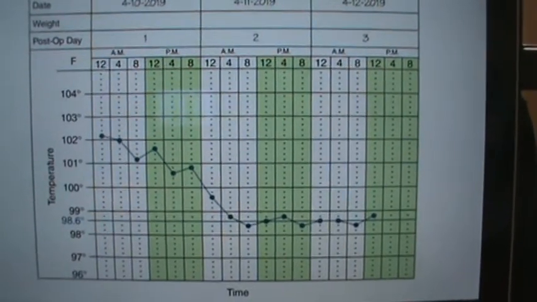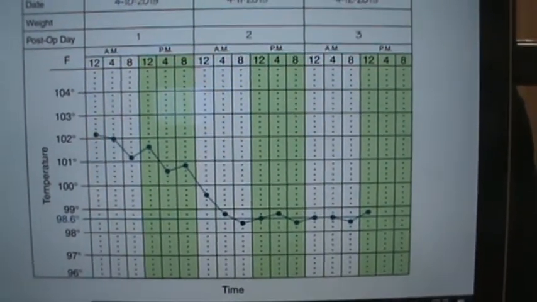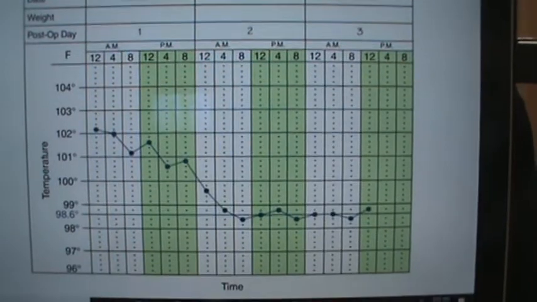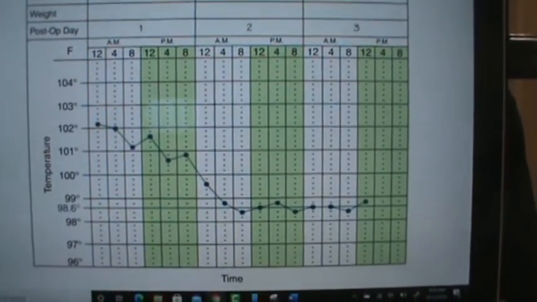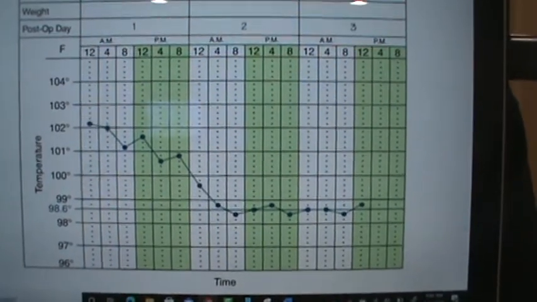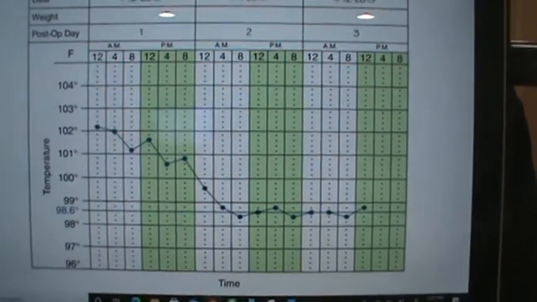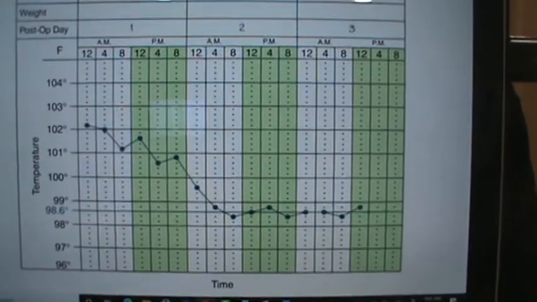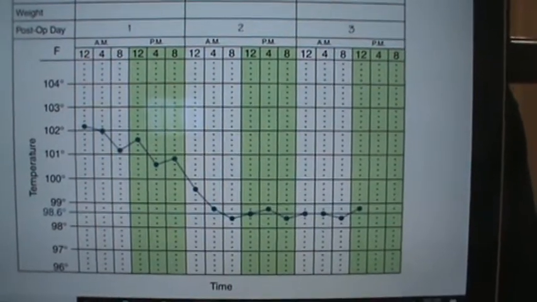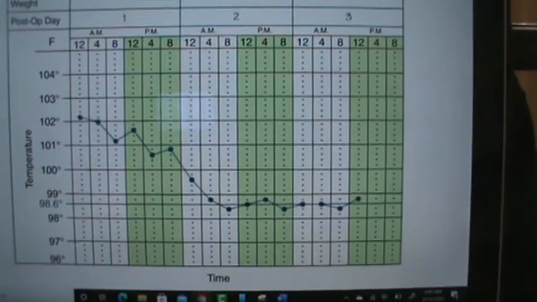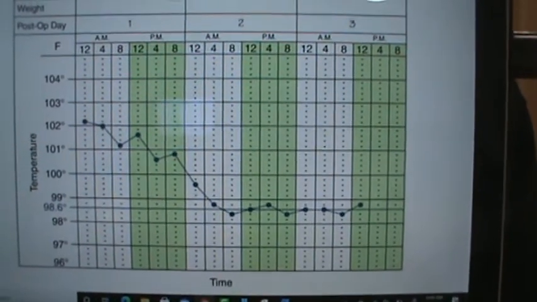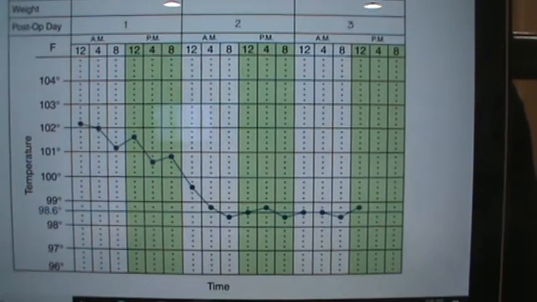And so now here's the thing. They measure the temperature at discrete time periods, right? And so notice how they connect the dots with a straight line. Now, even though temperature is continuous, we don't know what the temperature is between the points.